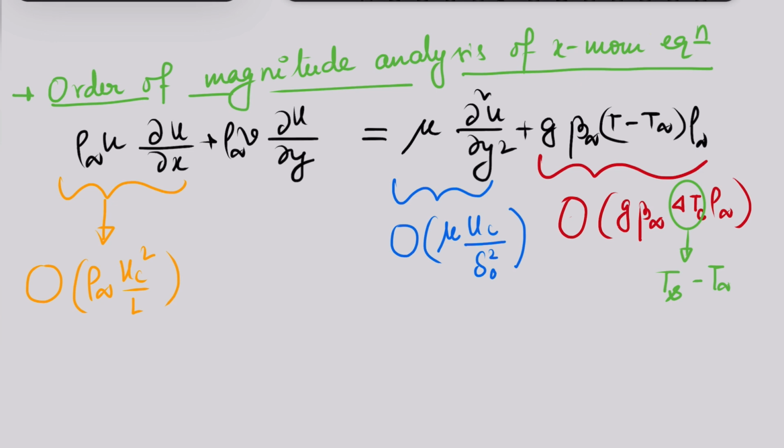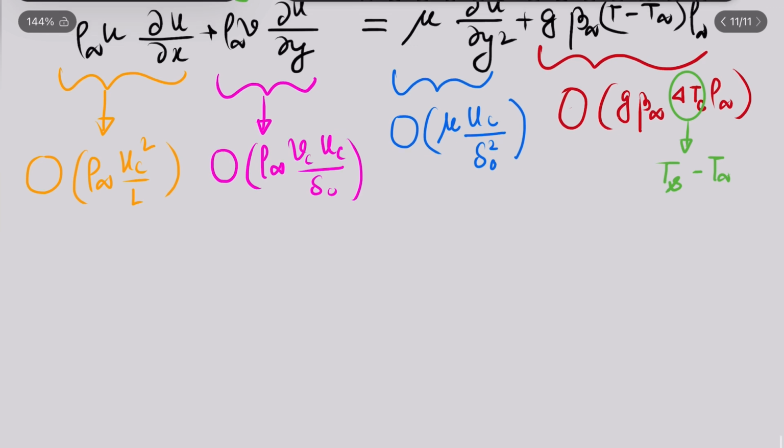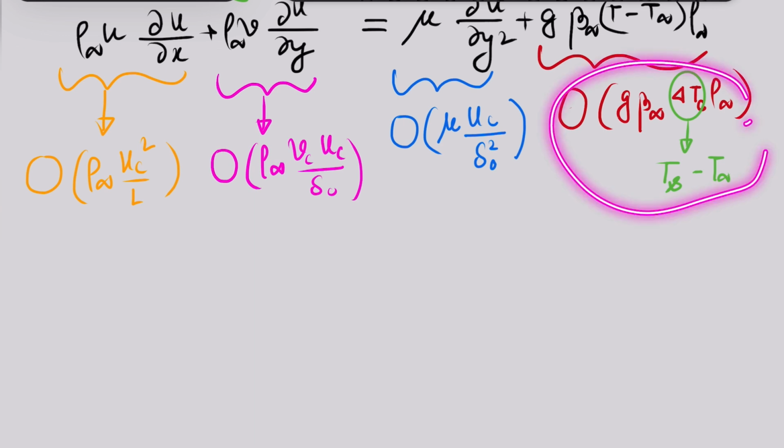Finally this term is of the order of rho infinity vc uc by delta naught. Clear? So now we are sure that we cannot drop this special term.